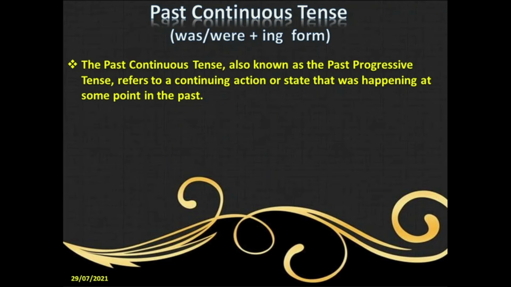It is nothing but any action that happened some time ago, but the action that was continuing at that particular point of time. That's what it means. It has already happened, but at that particular time, some action was continuously happening.